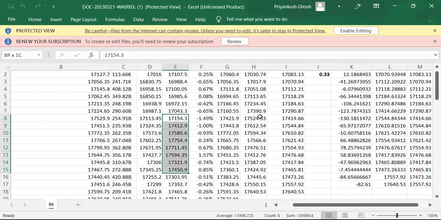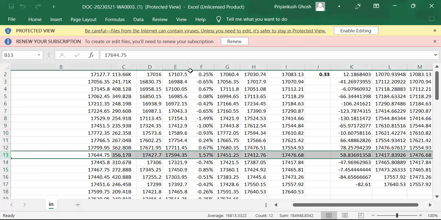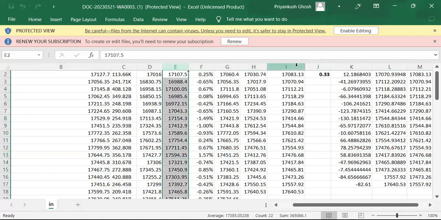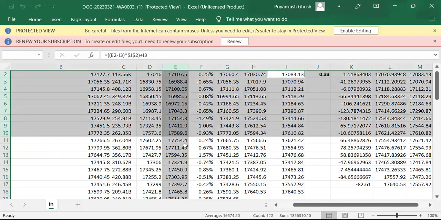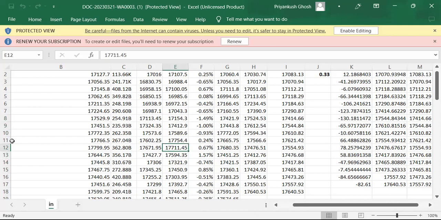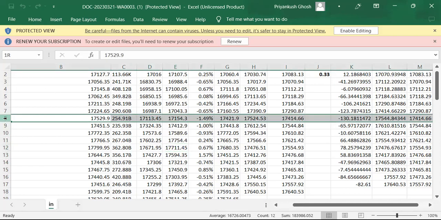It actually tries to stay closer to the market more often than not. For example, see this row number 13, focus on column E and column I, and focus on these rows.